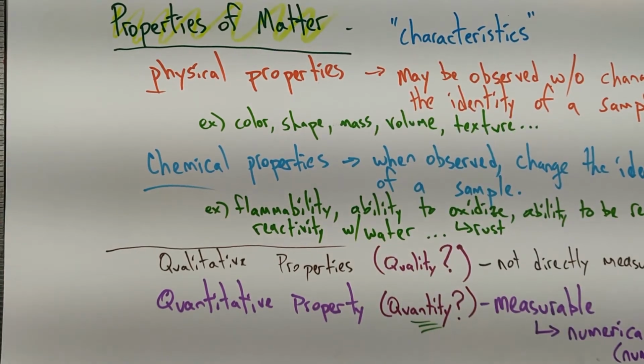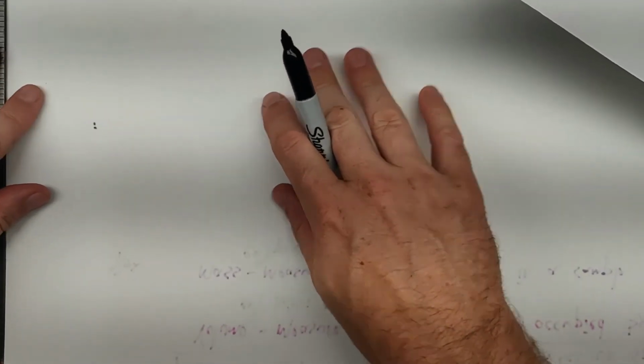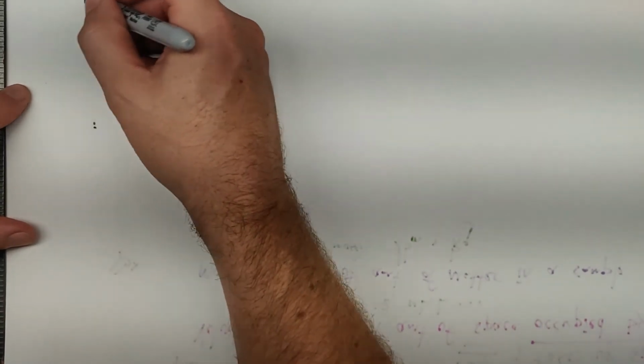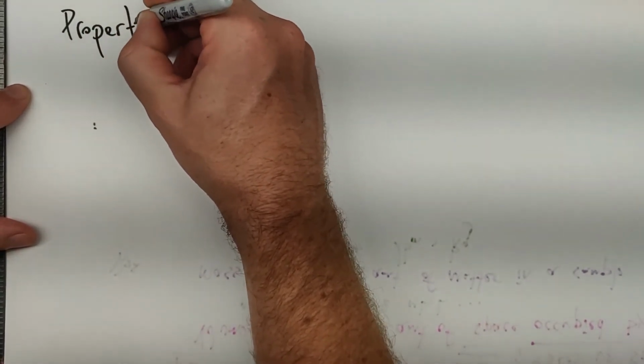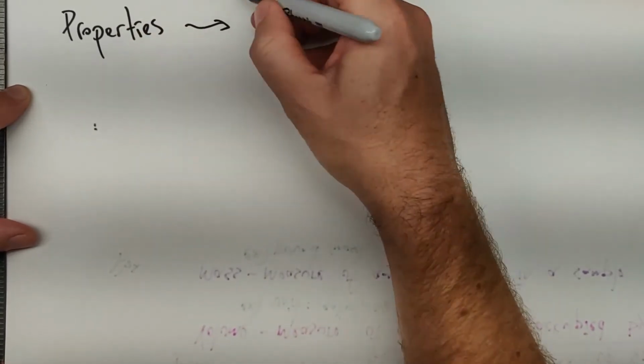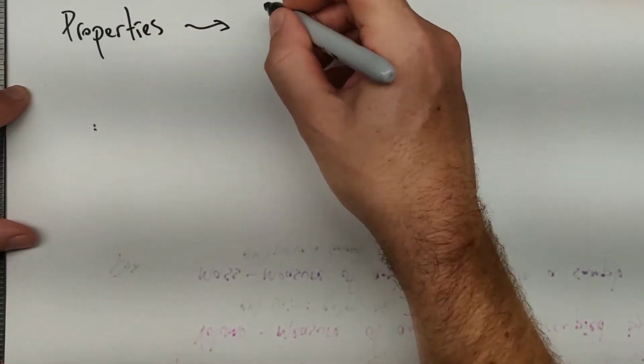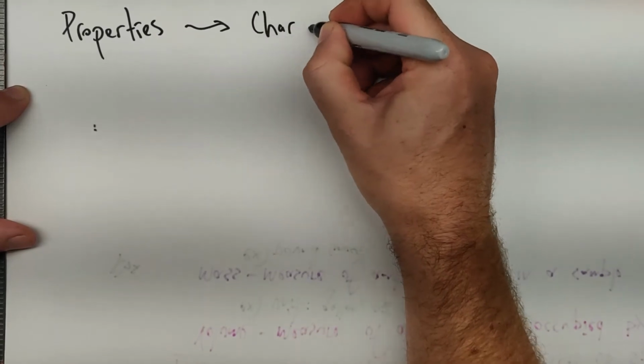I've run out of room on this sheet, and I don't want to start a new sheet for 2 vocabulary terms, so I'm just going to recycle the back of one of these sheets. We don't need that much room. So we're again continuing this discussion, properties, which we indicated was a way to describe characteristics.